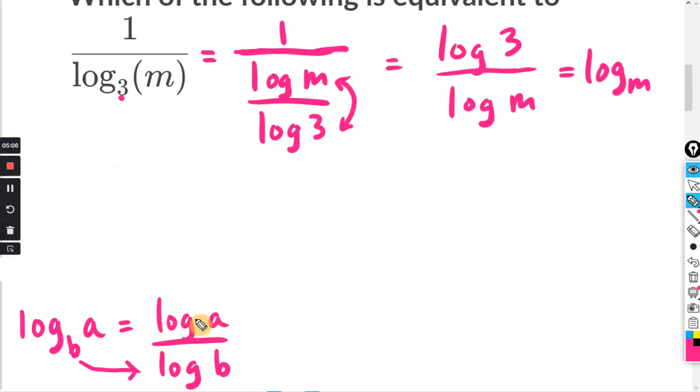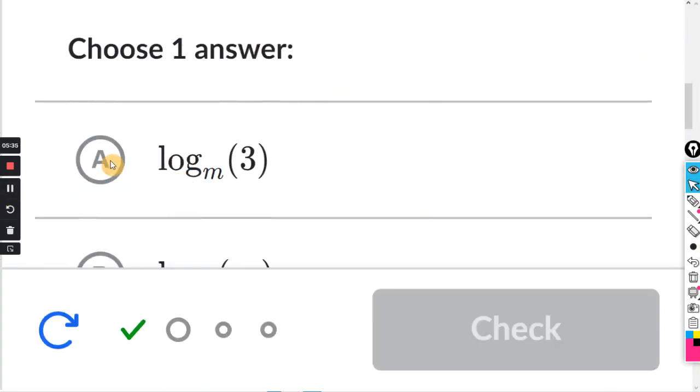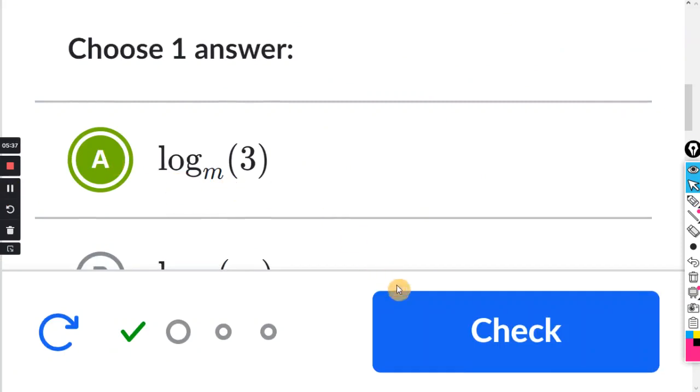And then the numerator is the argument, the thing you're taking the log of. So log of 3, the argument just goes right there. See, in the numerator, it says log of a, and that's our argument. So that's going to be the argument here as well. So this right here is equivalent to this. And that is one of the answers. Log base m of 3. All right, scrolling down, log base m of 3.